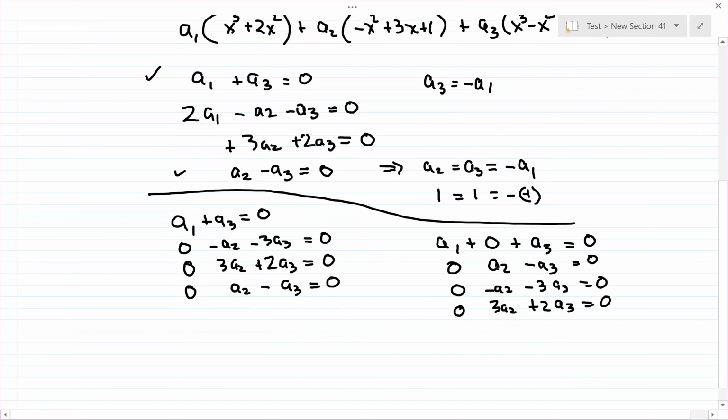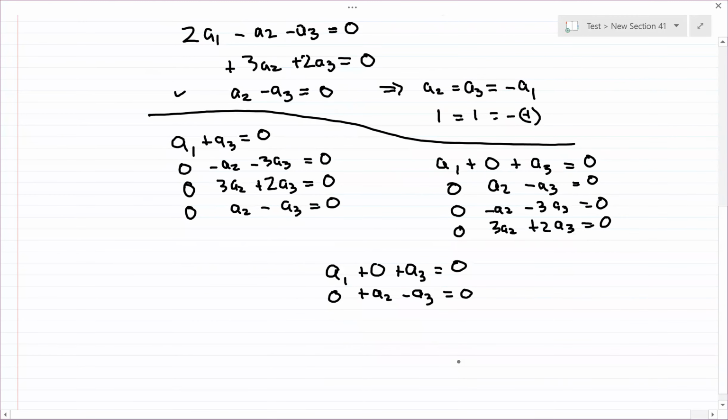And in order to get it simplified, what would we do? I guess we would add the second equation to the third. Leave the first one as it is, and leave the second one as it is. Add the second equation to the third. That will give me a 0 here, and this to this will give me a minus 4A3.